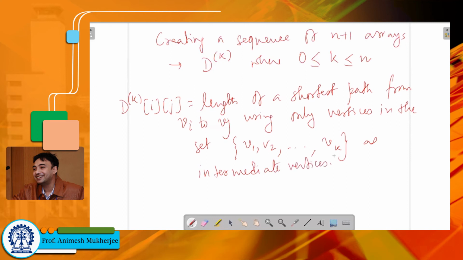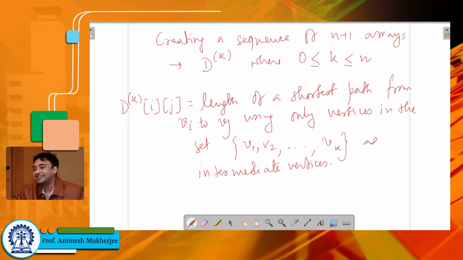So you consider that d^k_ij is the length of the shortest path from the node Vi to Vj, but this shortest path has only nodes from V1 to Vk as intermediate nodes. Okay, there cannot be any other node other than V1 to Vk as intermediate nodes.